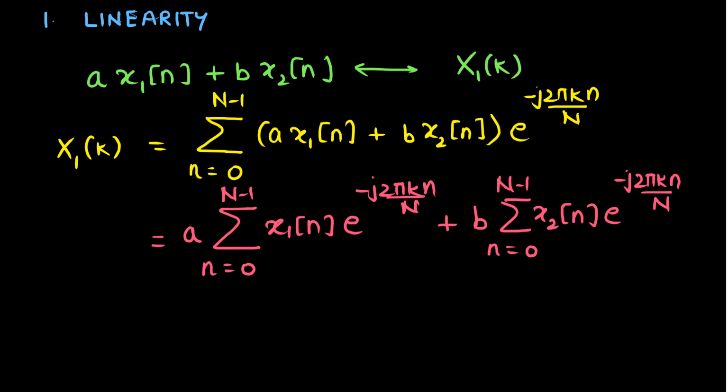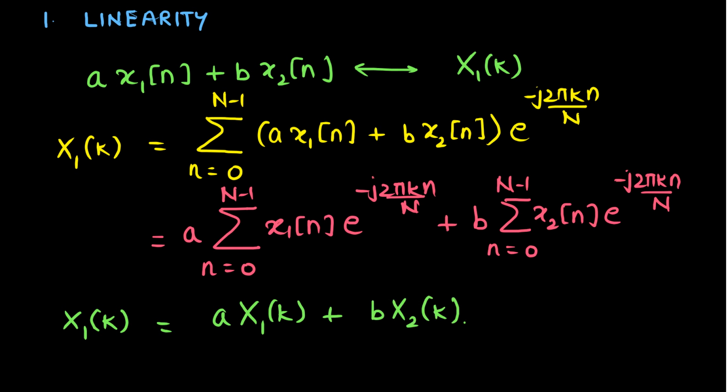So we have X3 of k is equal to a into X1 of k plus b into X2 of k.